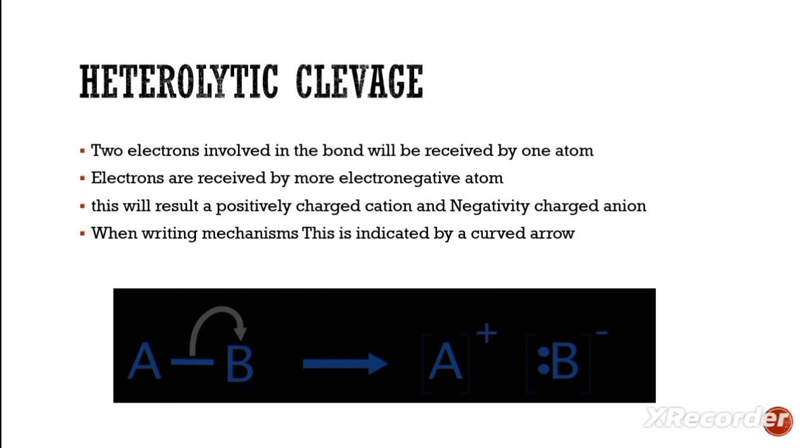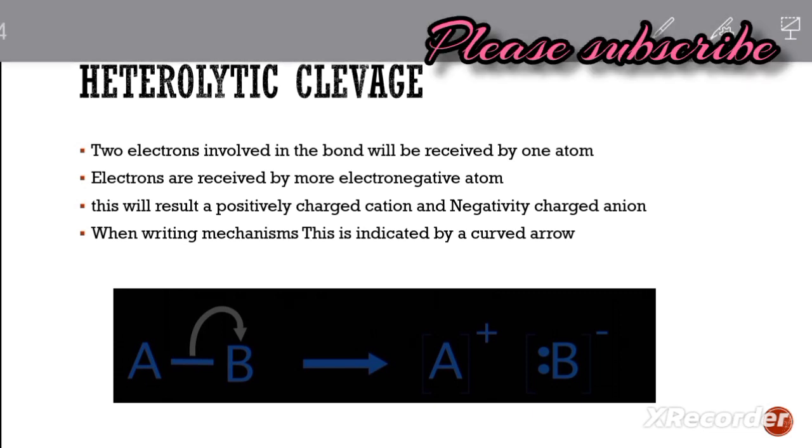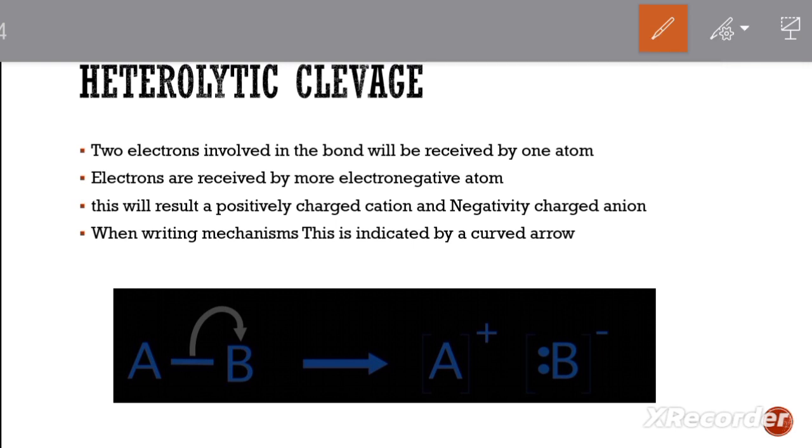During this heterolytic cleavage, the two electrons involved in the bond will be received by a single atom. For example, in hydrocarbons, there are carbon-carbon single bonds in alkanes. So here, except for the electron in this bond, there are three electrons belonging to each carbon atom.